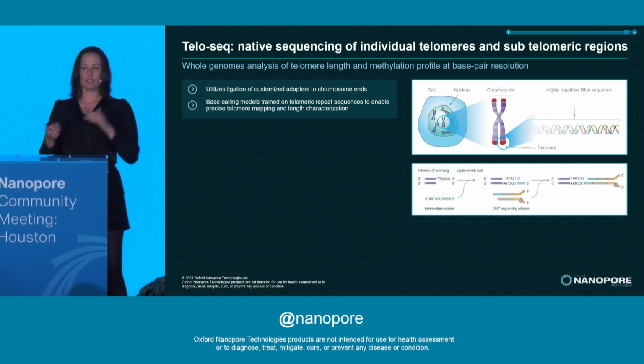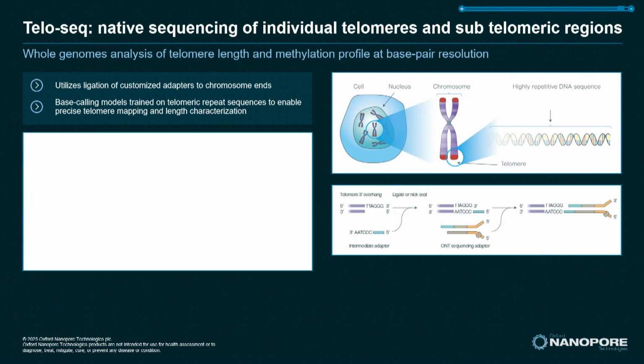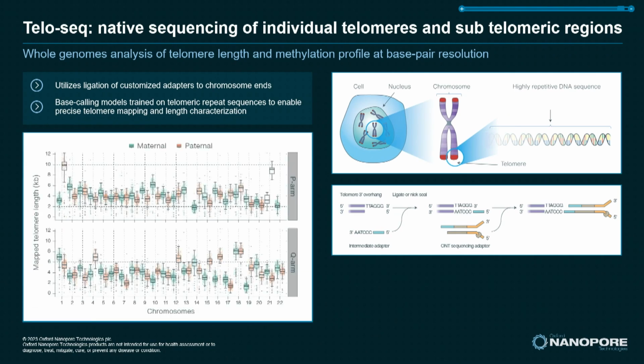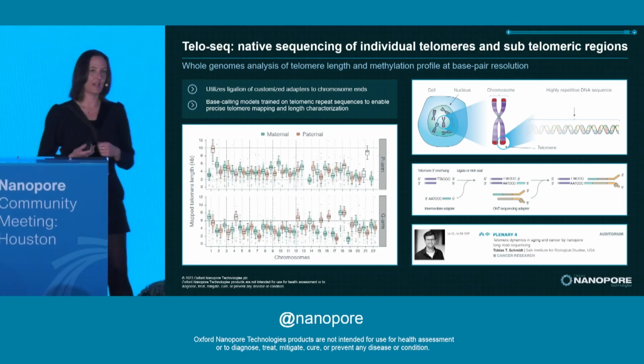So you get the telomere sequence, the subtelomeric sequence, and the methylation, and you can count the length of the telomeres. So we just released that assay last week, and our collaborator from the Salk Institute, Toby, is going to talk right after this talk about how they've used Telo-seq to look at the telomere dynamics of aging in cancer.